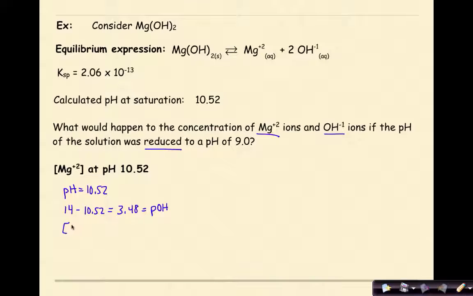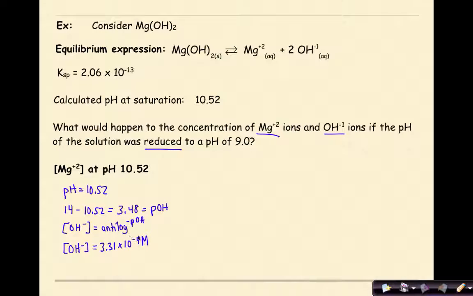Then I know to find the hydroxide ion concentration, I'm going to take the antilog of my negative pOH. And if I do that, I find that my hydroxide ion concentration is going to equal 3.31 times 10 to the negative 4 molar.